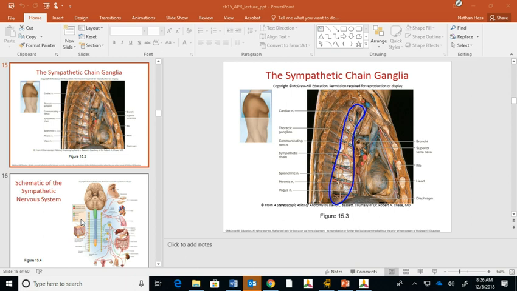Just kind of working its way up, with branches coming off, right? It kind of just runs right down the center of this picture. The blood vessels are going horizontally, and this is just this vertical piece going right up and down. That is the chain ganglia.